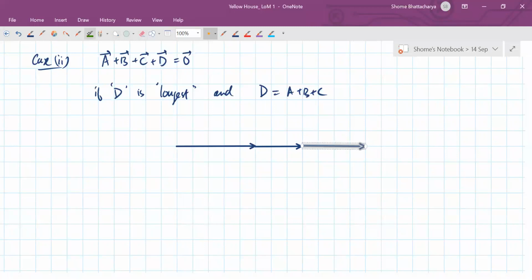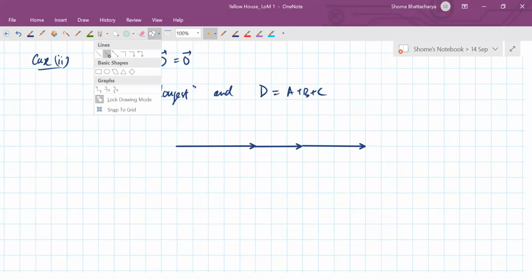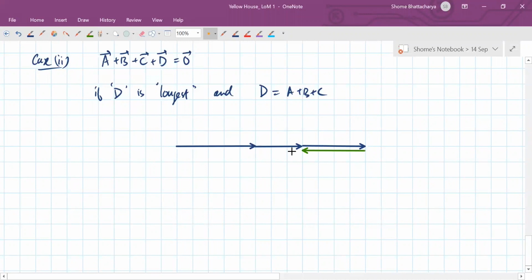There's no other possibility. Must be like this. So if this is happening, it will imply that A, B and C are parallel vectors.